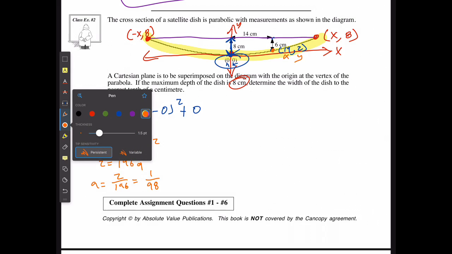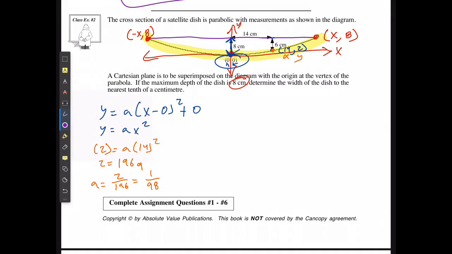Now, if I know that that's what A is, I'm going to say that y is equal to 1 over 98 x squared, and I know that it's going to hit the point of x and 8, which means that I'm going to replace the y with 8 is equal to 1 over 98 x squared, and I'm going to solve for what x is.